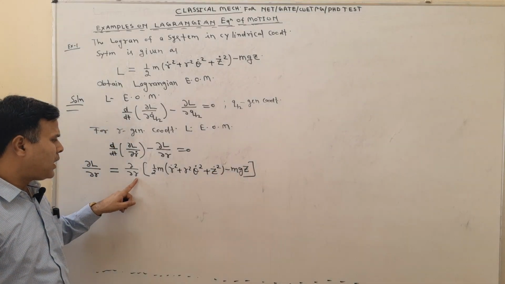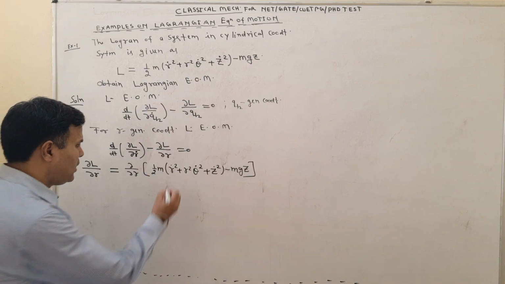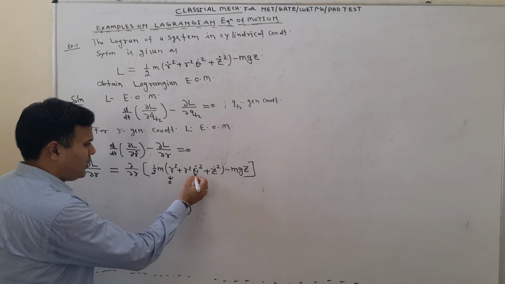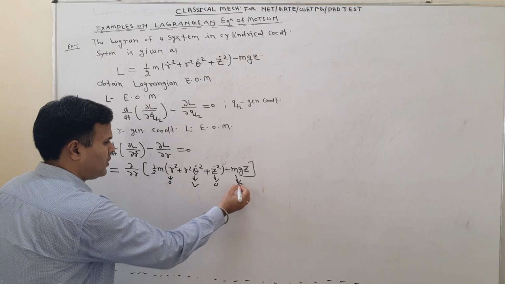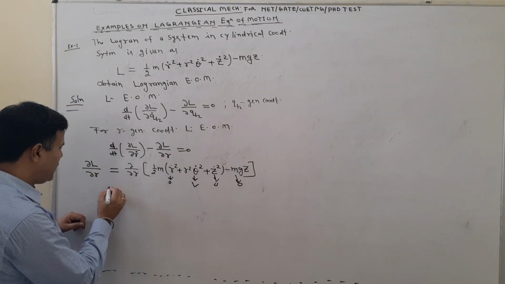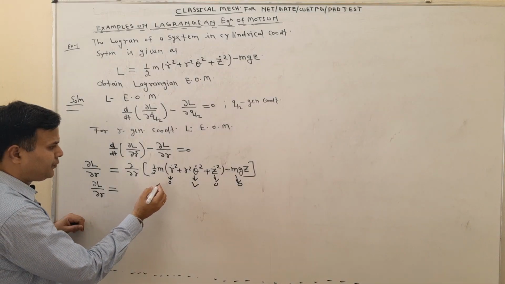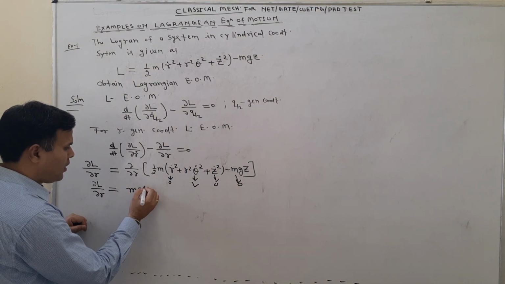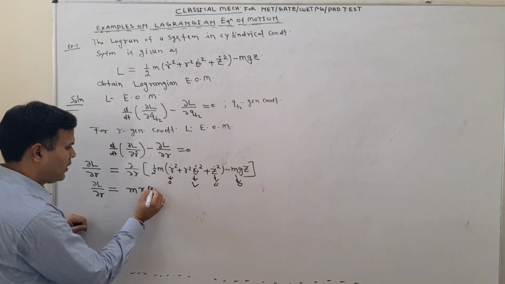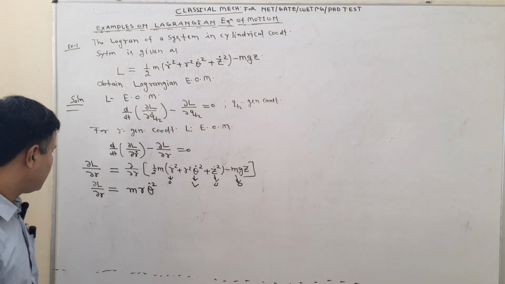Now differentiating partially with respect to r, this will give 0, this will give something, this will be 0, this will be 0. So what we have simply, del L by del r is m r theta dot square.